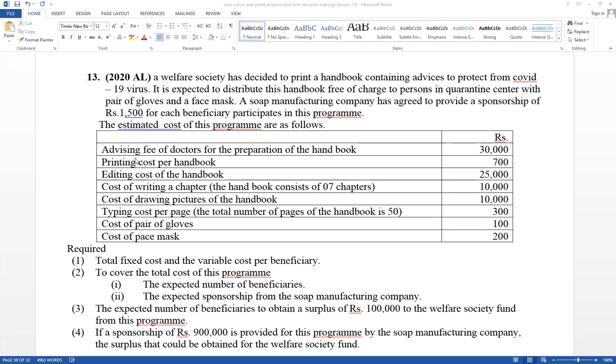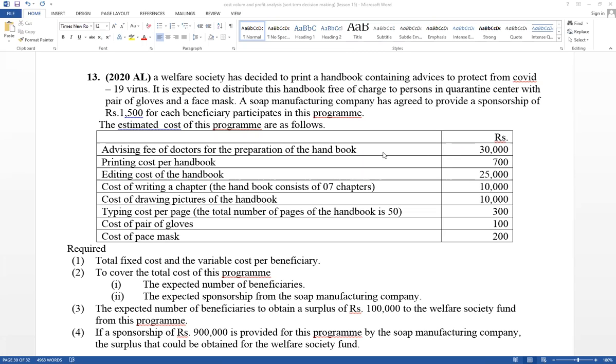It has given advising fees of doctors for the preparation of handbooks. It has not varied with the number of participants. Therefore, this is a fixed cost.